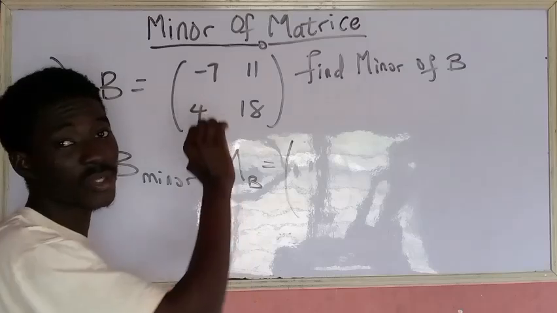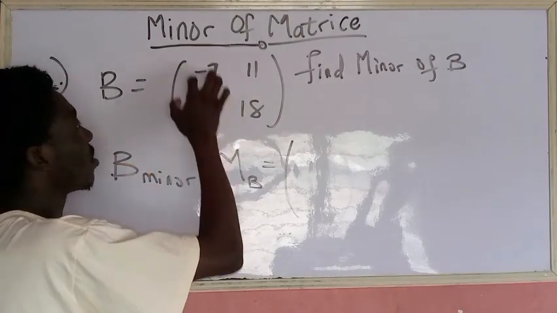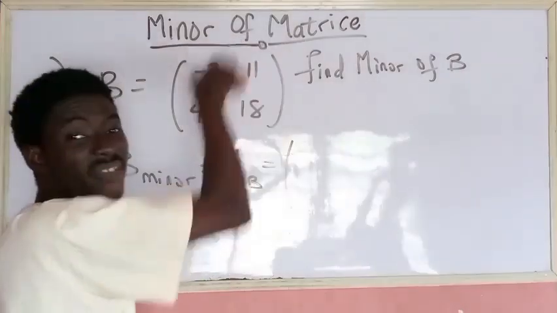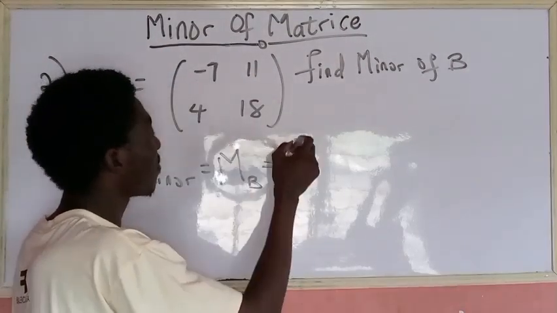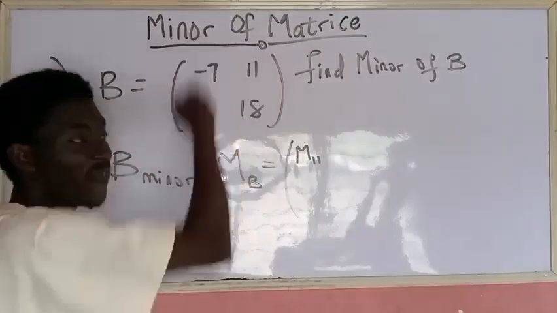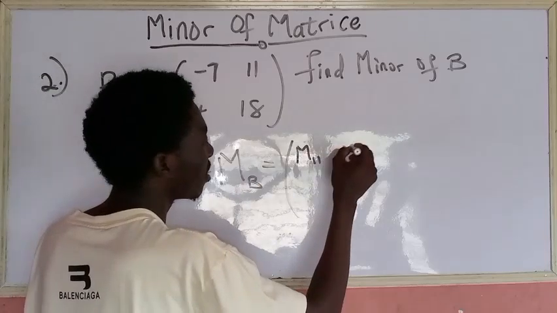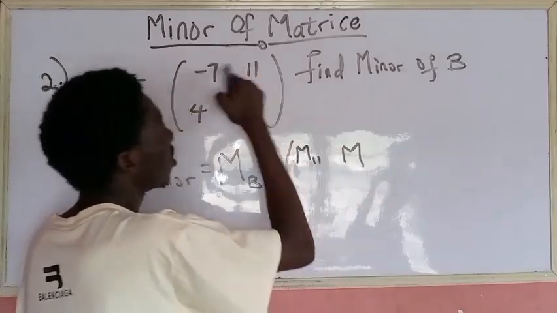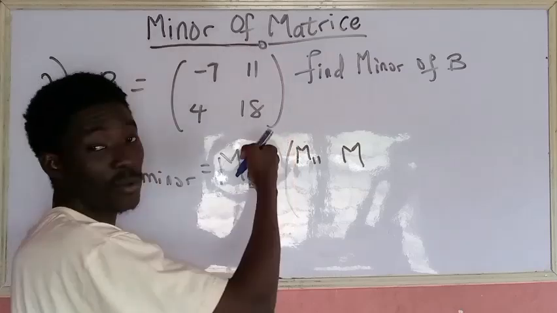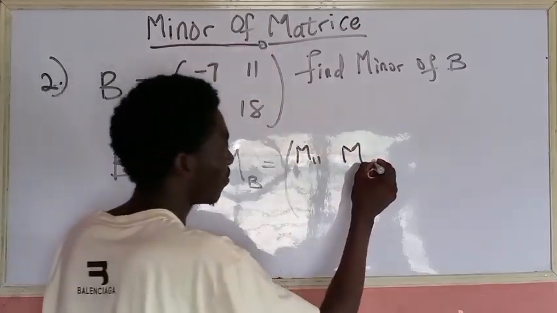But I want to explain something. Elements in this position are called A11 because it is in the first row and the first column. So this element is called M11 because it is in the first row and first column. One row, one column. The element here is in the first row and second column, 1, 2.